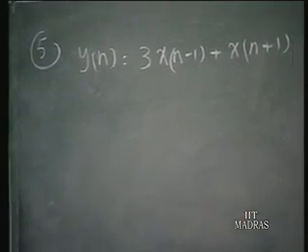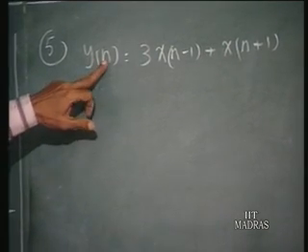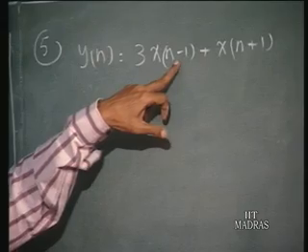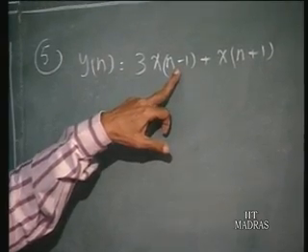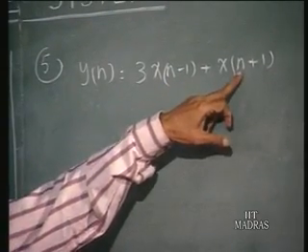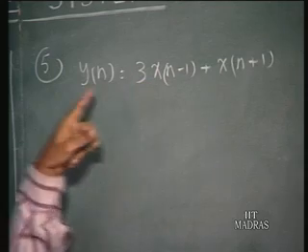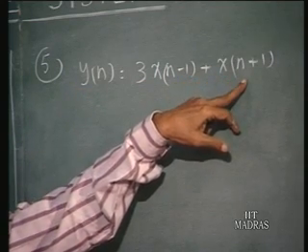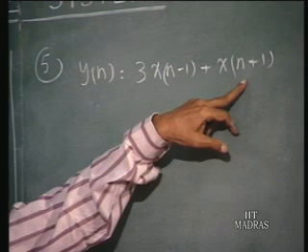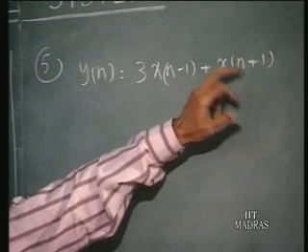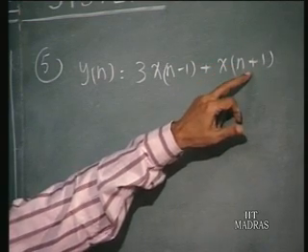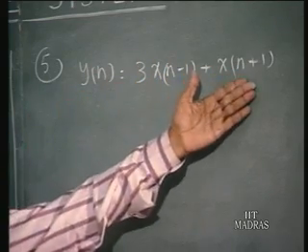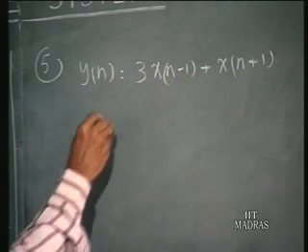Now you see, an output at the nth sampling instant is dependent on an input that has occurred one sampling instant earlier plus an input that is going to occur later, n plus 1. So the present output depends upon a future input, right? So there is an input here that has influenced the output even before the input has occurred, therefore this certainly is a non-causal system.